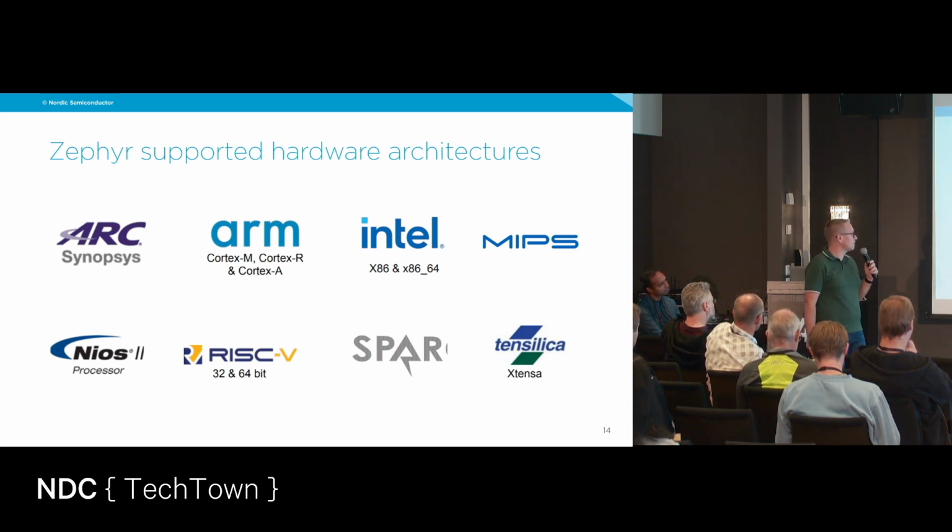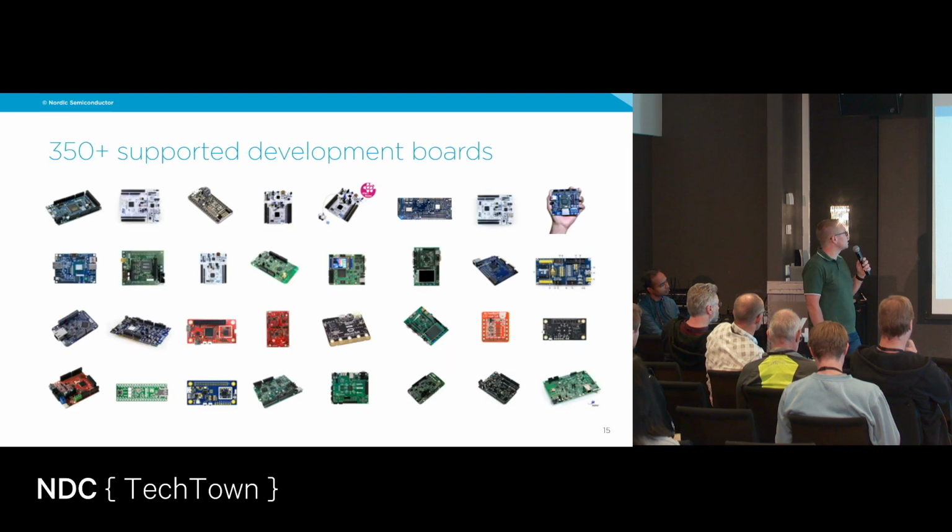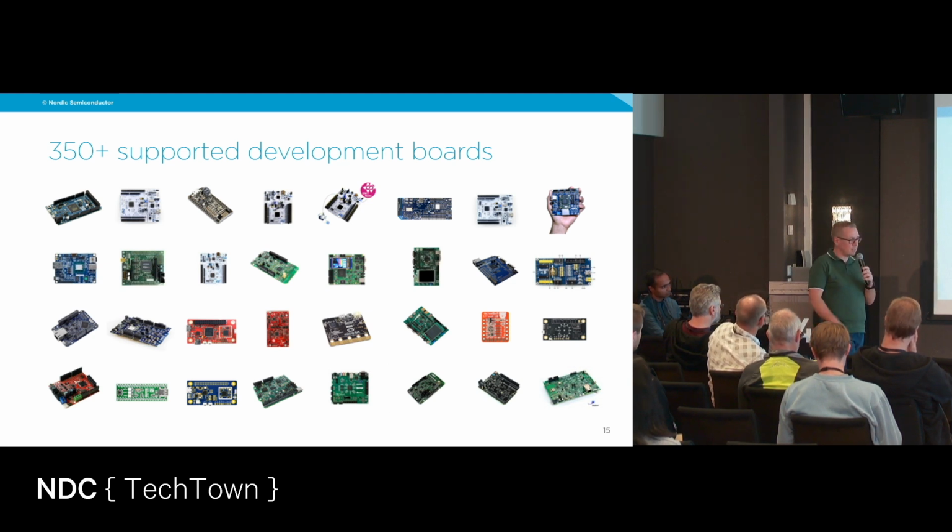ARM and Intel are the most popular ones, and there's lots of interest in RISC-V these days. On board support, like you saw with the B command, there are now 350 supported development boards in Zephyr. Actually, I took initiative from a talk that was done 2 years ago, and at that point there were 200 boards. So the increase has just been amazing.